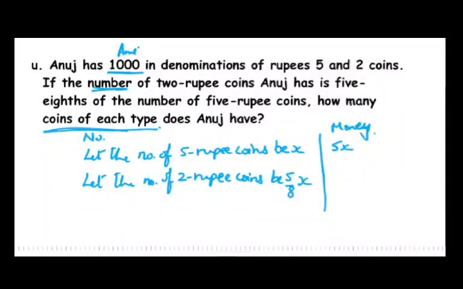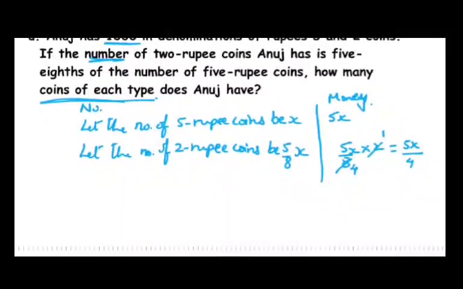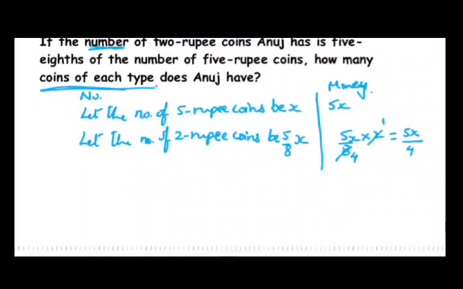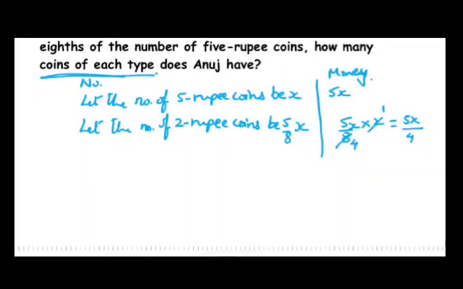So it's going to be 5x upon 8, and in amounts this 5x upon 8 will be multiplied by 2. So 2 into 5x upon 8 is 5x upon 4. This is the amount, children, on the right hand side that I have drawn a line with.